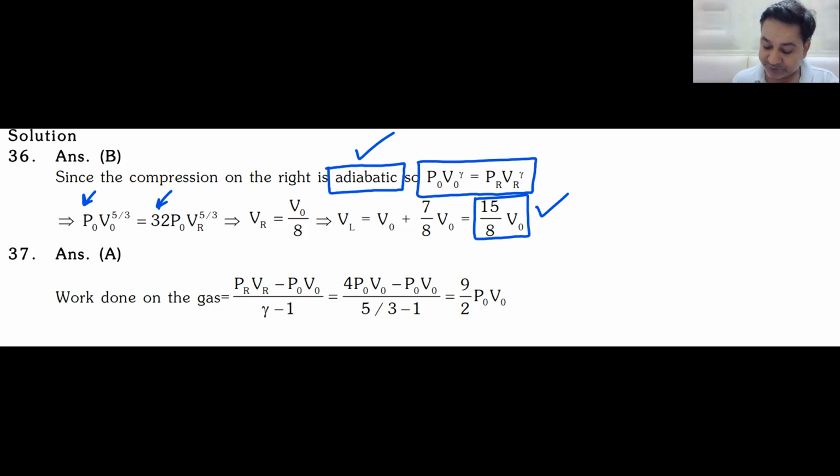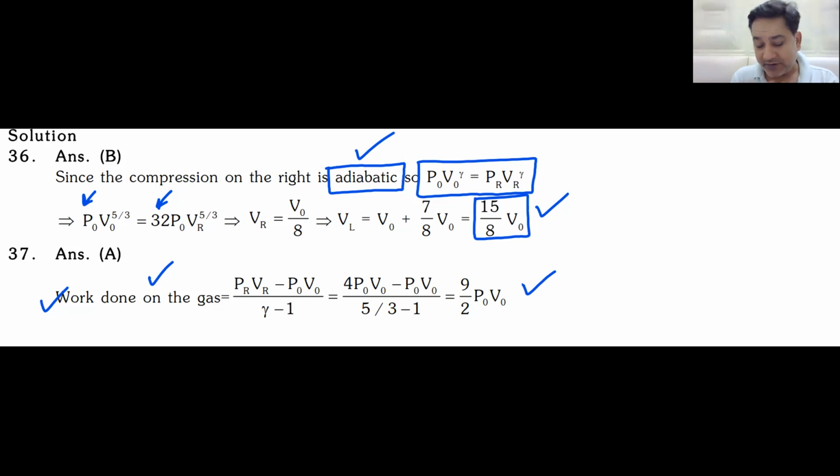That's correct. Work done on the gas. It's an adiabatic process. We know the final pressure, we know the initial pressure, we know the final volume, we know the initial volume. You can find out the work done on the gas. Work done on the gas, they are asking, so it is always positive.